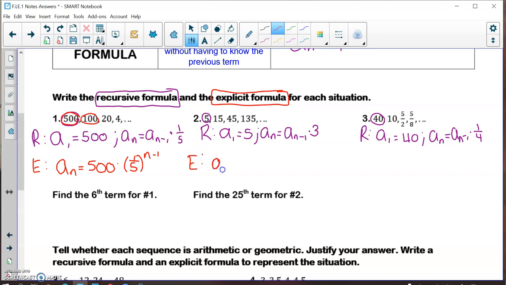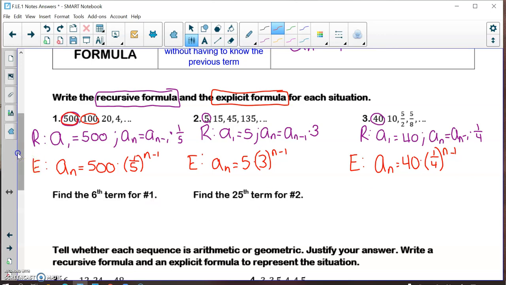I'm going to do a sub n is equal to my first term of 5 times 3 to the n minus 1 power. And then lastly, number 3, a sub n is equal to my first term, which is 40, times 1/4 to the n minus 1 power.